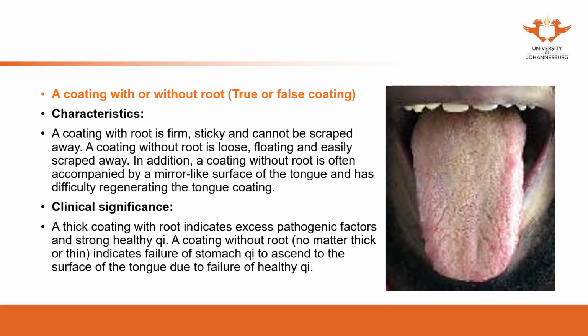Or if you scrape the coating away, you can see the mark on the tongue still leaves some thin coating on the tongue. And a coating without root is loose, floating, and easily scraped away. So when you scrape it away, there's nothing left on the tongue. So that's the difference between a coating with root and without root.